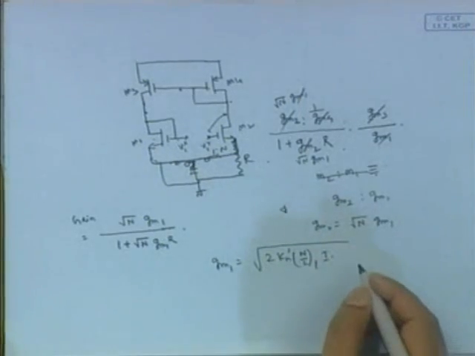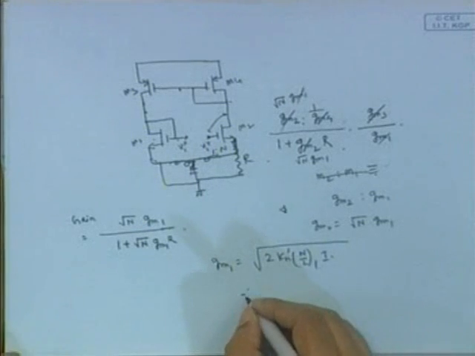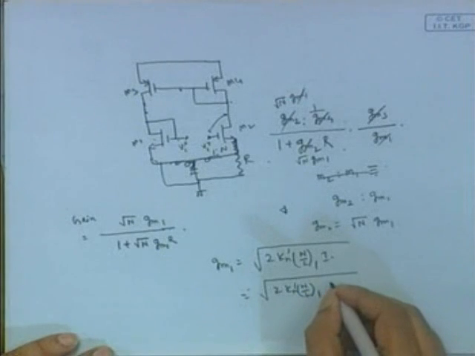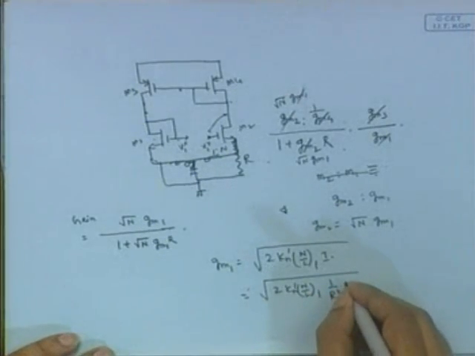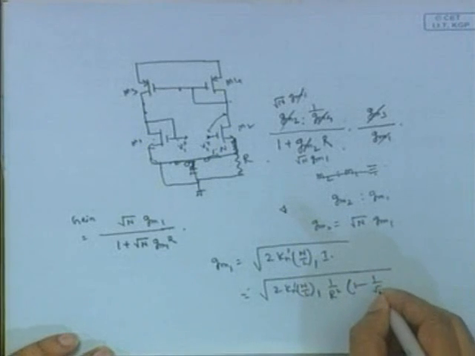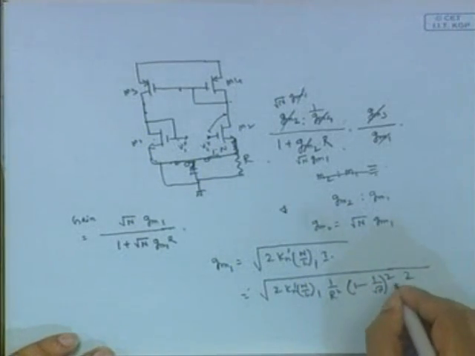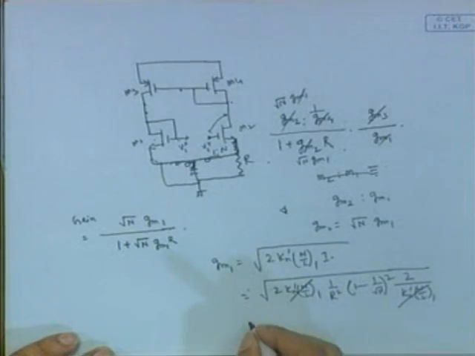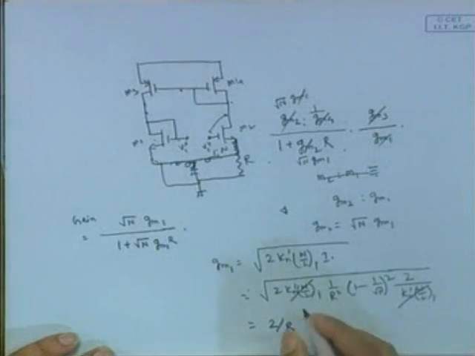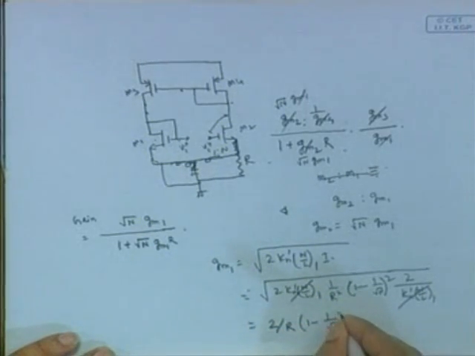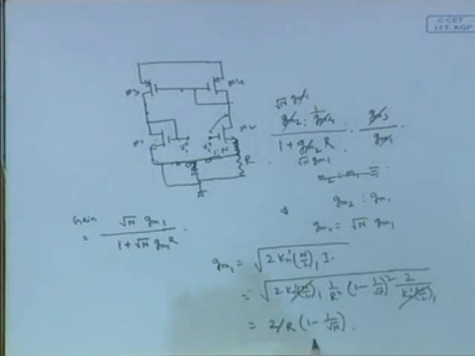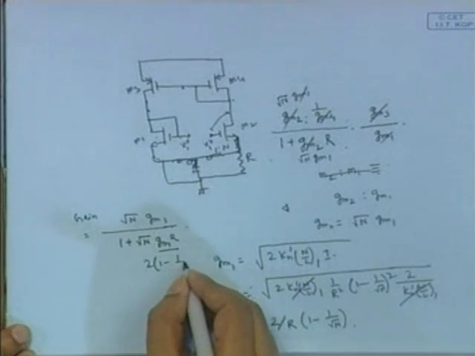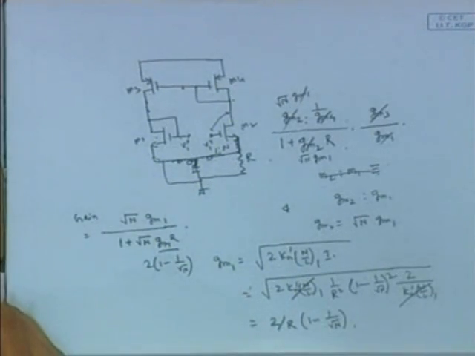You just put the expression of I here. This is 2 Kn dash W by L1, and I means 1 upon R square, right. So this cancels, 2 by R, 1 minus 1 by root n. Then GM1 multiplied by R equals 2 times 1 minus 1 by root n.